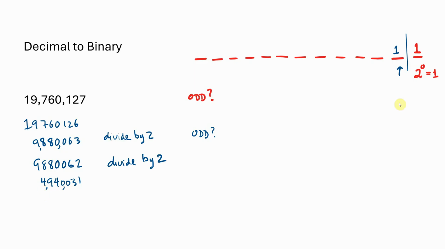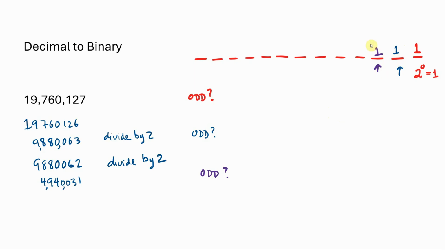Now I'm concerned with the next place value over, right here. The question is, the number that I'm looking at, is it odd? Well, yes, since it is odd, we'll put another 1 in this place. And then I'm going to move my little divider line here, since I already figured that out.